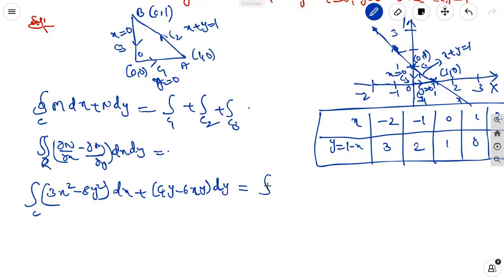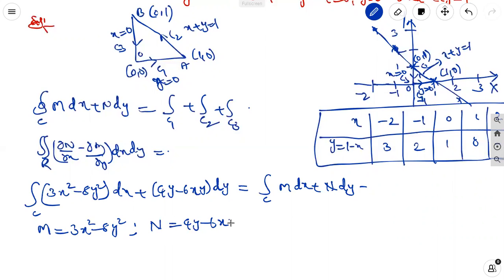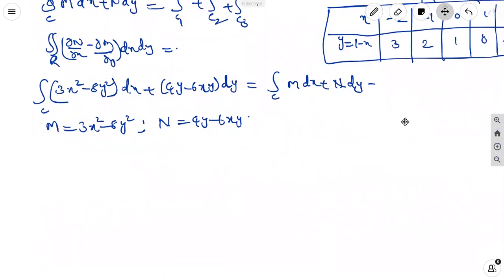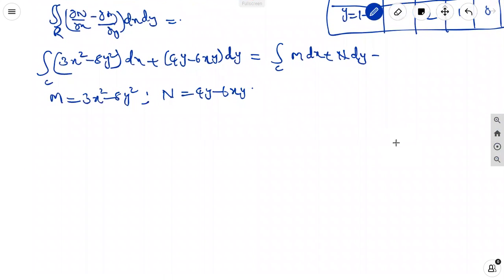Comparing it with the integral over C of M dx plus N dy, M is equal to 3x square minus 8y square, and N is equal to 4y minus 6xy. Here, first either we can go through the line integral or we can go through the region capital R. That is our wish only.